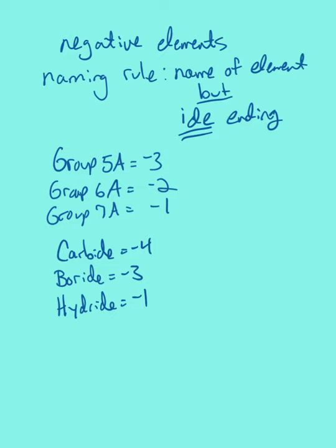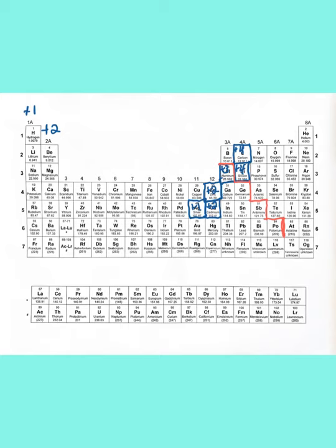Okay, so let's look at the periodic table. You're going to write, so here's 5A, -3, -2, -1. Make sure you don't write it too big because we're going to be adding more stuff up here on top of it later.